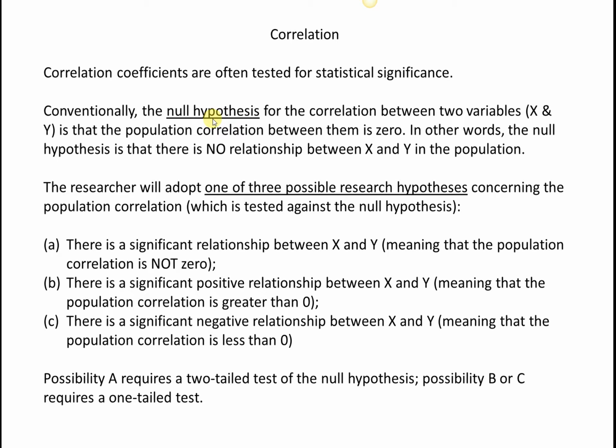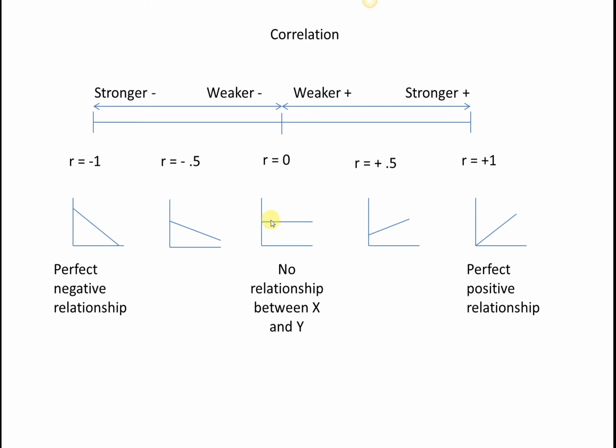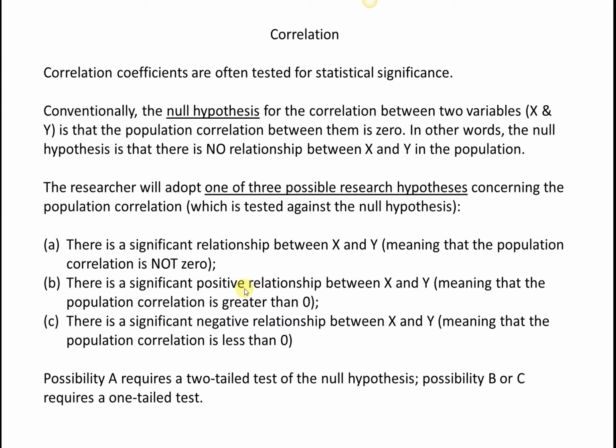Researchers will generally adopt one of three possible alternative or research hypotheses concerning the population correlation. One hypothesis is that there's a positive relationship in the population, and another possibility is that there's a negative relationship. In both of those cases, that's B and C right here, those are what are called directional hypotheses.